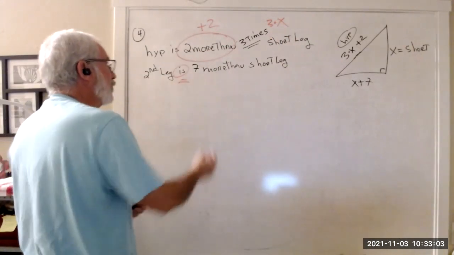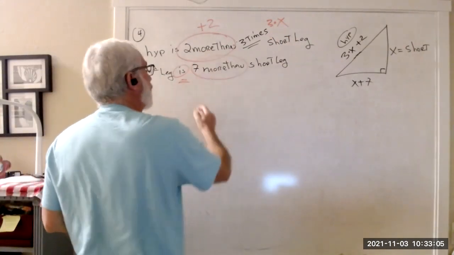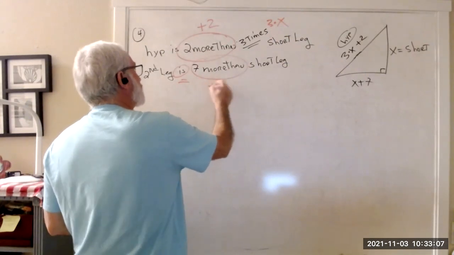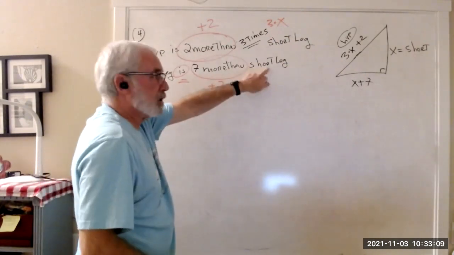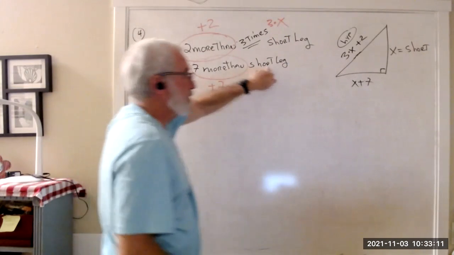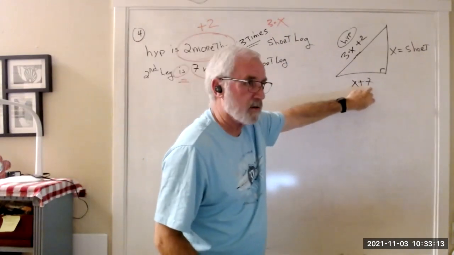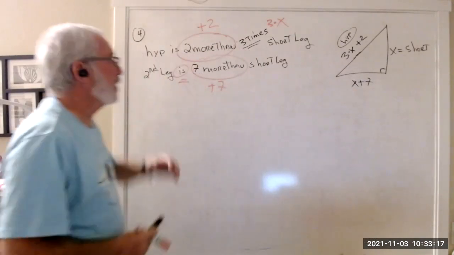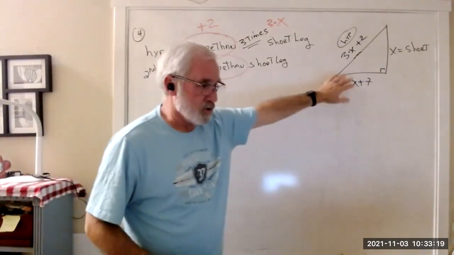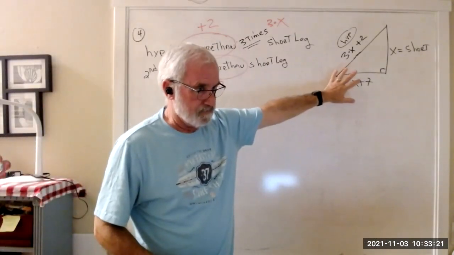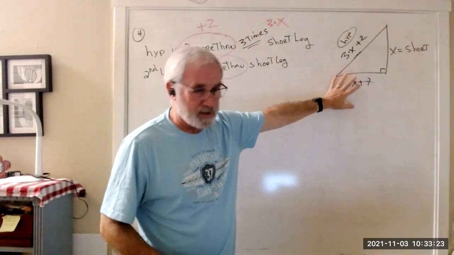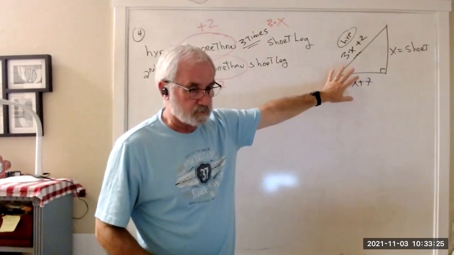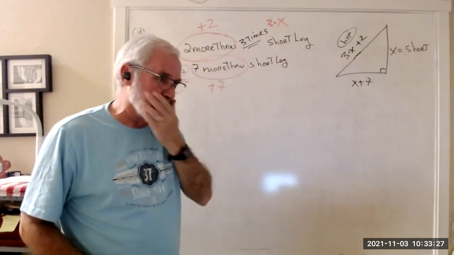Second leg equals 7 more than, so that's plus 7, the short leg. All right, that's translating from English to math. And for a lot of people, that's the hardest thing. Is that okay?